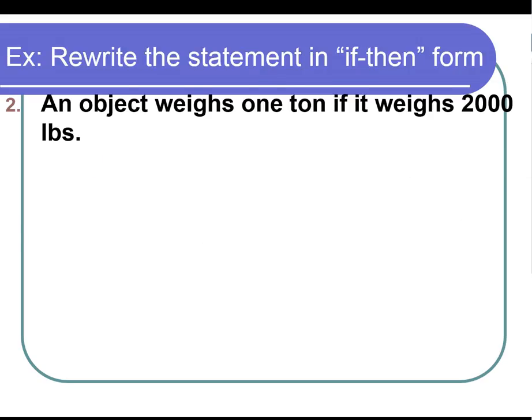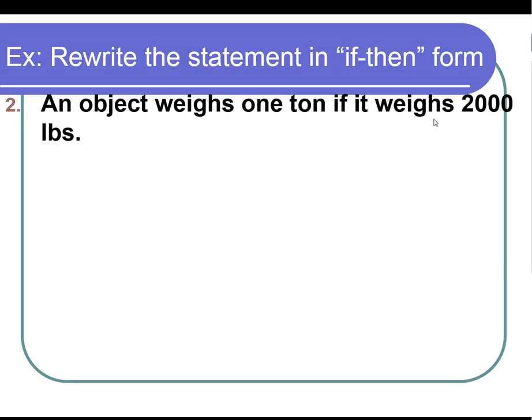Try this one. You don't have to write it down. Just see if you can think about how that's going to be. Suggestions? Yes. If it weighs 2,000 pounds, then an object weighs 1 ton. Okay, good. And notice that's good because the word "if" did appear in that, didn't it? So that gives us a clue that this really needs to be the hypothesis, right?